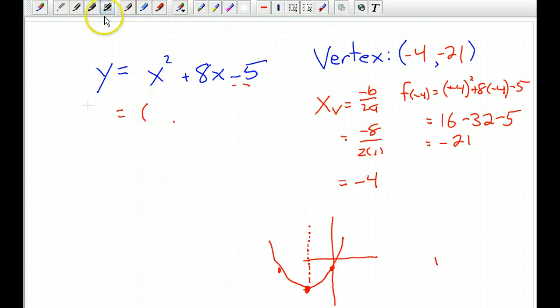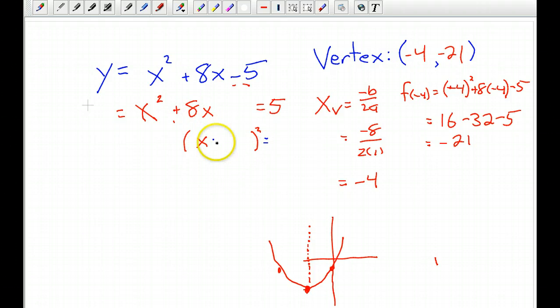So we have x squared plus 8x equals positive 5, right? Set it all up. That's what we did yesterday, or two days ago actually.